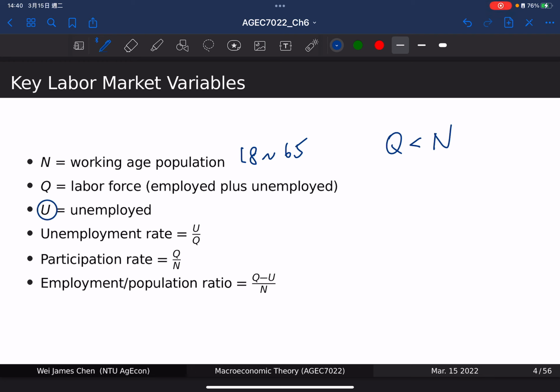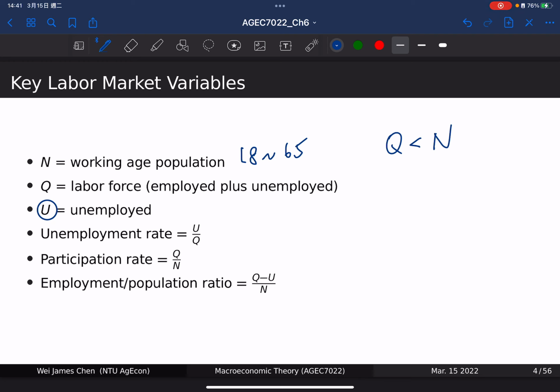You will find it quite interesting that we don't really have a variable for employed. Because, in some sense, economists don't care about the employed that much. We want to lower the number of unemployment. That's the key variable that people care about.